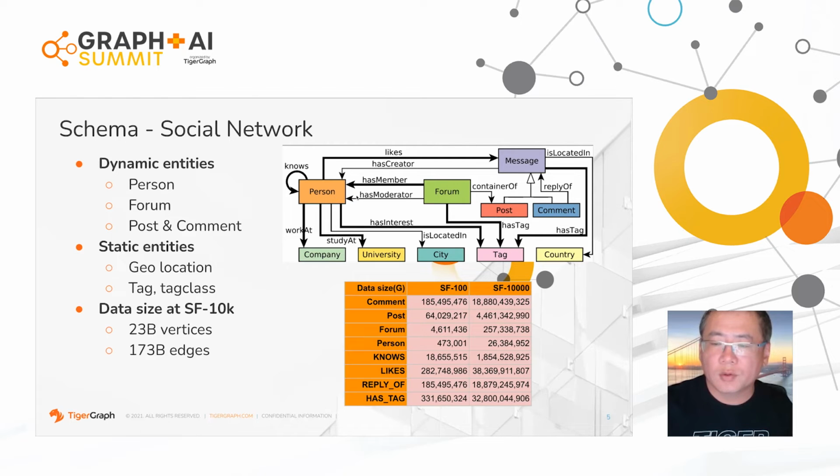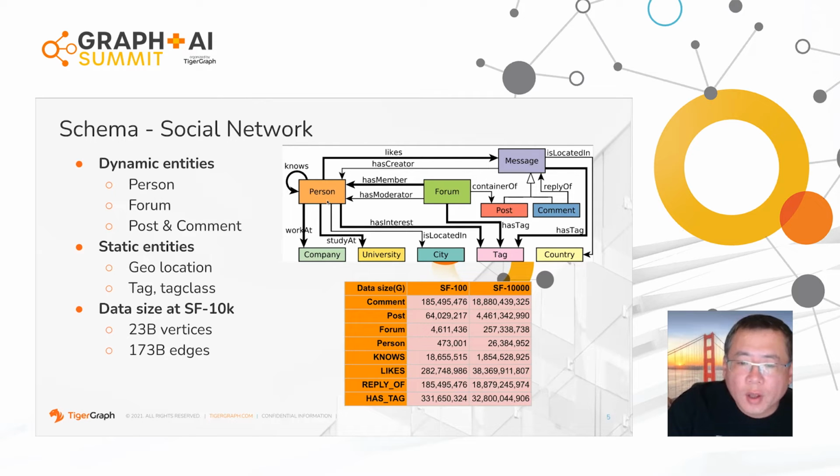So a person belongs to a forum, can join other forums as well, and each forum has a moderator, which points to a particular person. Each forum is a container of a set of posts and subsequent comments on the posts. The posts and comments are subclasses of message. So you can say a post is a message and a comment is a message.